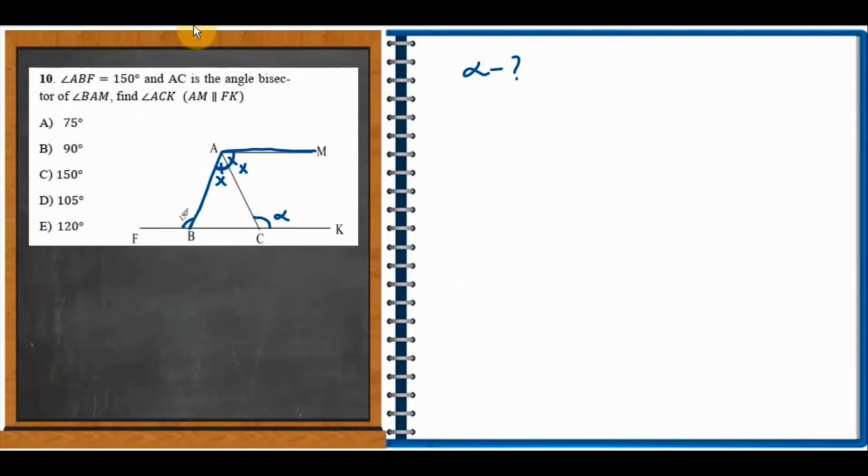Whenever we see parallel lines, it's given that AM is parallel to AFK. And we have transversal line here. It's better to look for alternate angles. So if this is X, it's going to be X as well.